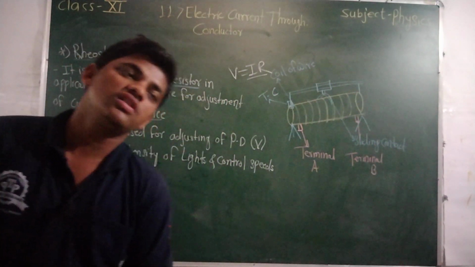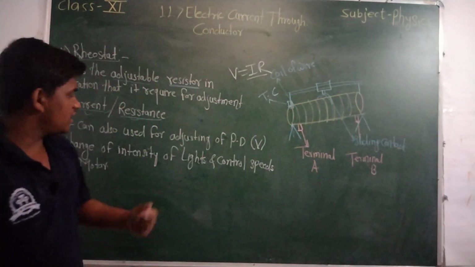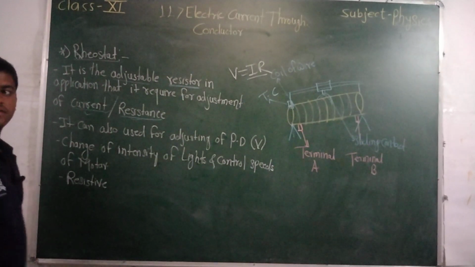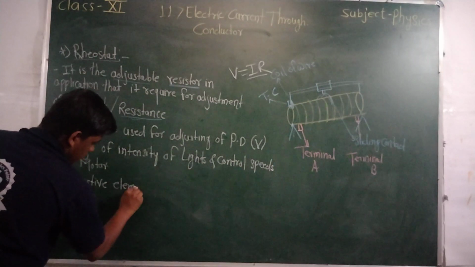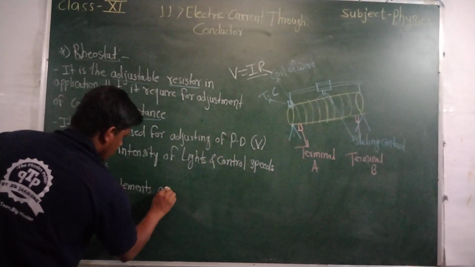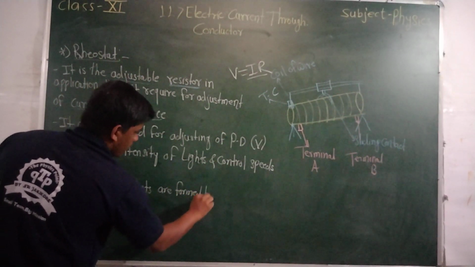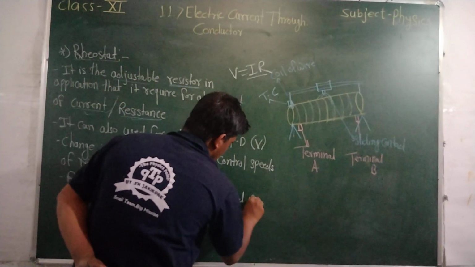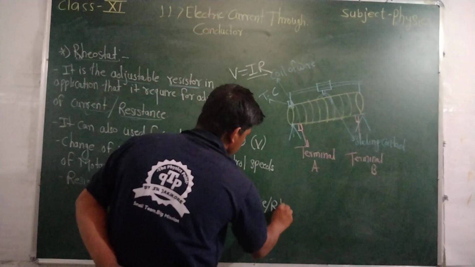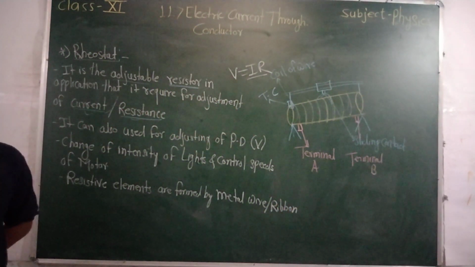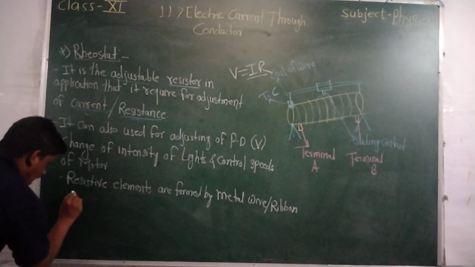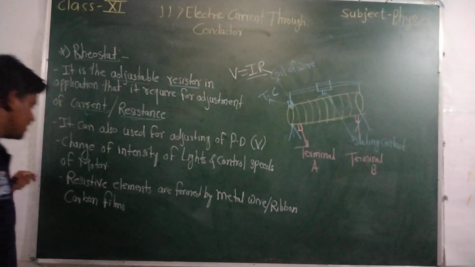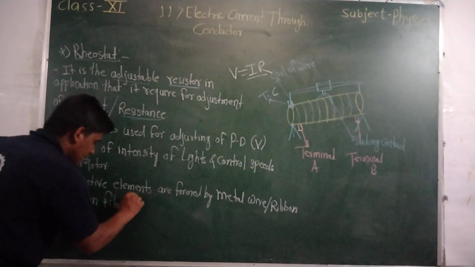The resistive elements are formed by metal elements, that is a metal wire or ribbon, and also carbon films, thin plates or thin ribbons of carbon, or conducting liquid.